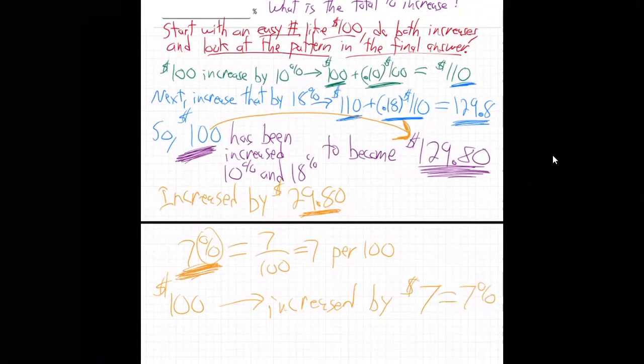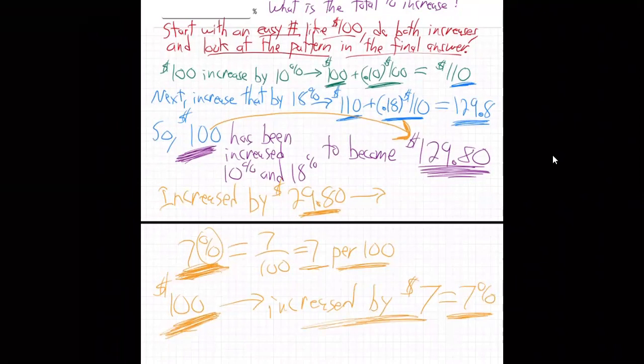Well, that's just 7%, because that's 7 per 100, right? If you have $100, you've already got the per 100. So my point is, if you have $100 and it increases $7, that's 7 per that 100, meaning it's 7%, right?